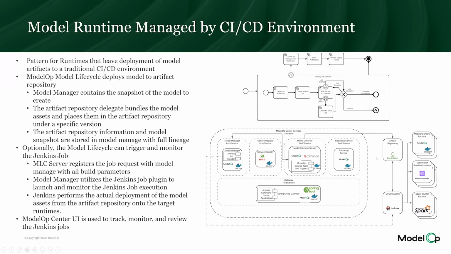So you'll see that not only was it deployed into the artifact repository, but then the CI/CD was triggered in Jenkins. Here's the Jenkins job. Here's the outcome of the Jenkins job, showing that the deployment either succeeded or failed. And we'll have all that information again from a model-centric view back in our model inventory.